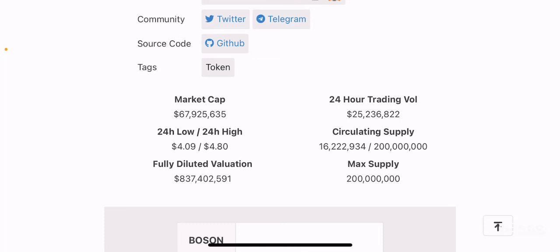If you take Boson protocol, it's basically aiming to do the exact same thing, except that it's going to be fully decentralized, right? So for a project that aims to do something that Amazon, or even any e-commerce project, is doing in a decentralized manner, for that project to have a market cap of 67.9 million, this is incredibly undervalued, right?